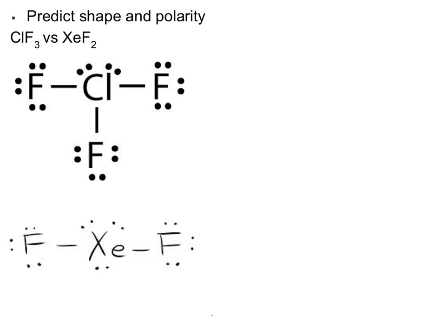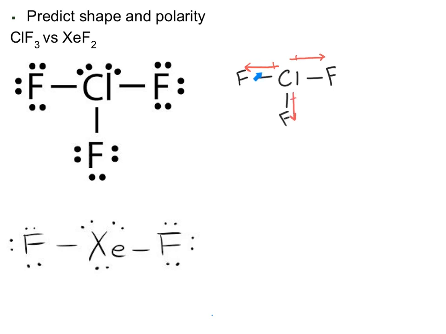And so let's look at a couple more. Here we have ClF3 versus XeF2. In each case, we have a trigonal bipyramidal electron domain geometry. There are 5 electron pairs around our central atom. In the case of ClF3, however, when we draw out the actual VSEPR geometry of this molecule, we get a T-shaped molecule with bond dipoles that look like this.